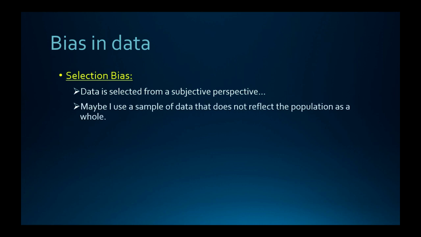So maybe I use a sample of data that doesn't really reflect the population as a whole. So if I'm grabbing a sample, so maybe I'm grabbing Longwood students. Well, when I grab Longwood students to survey them, I need a sample that's representative. But what if I grab a sample that's not representative of the population as a whole? Well, that would be selection bias.